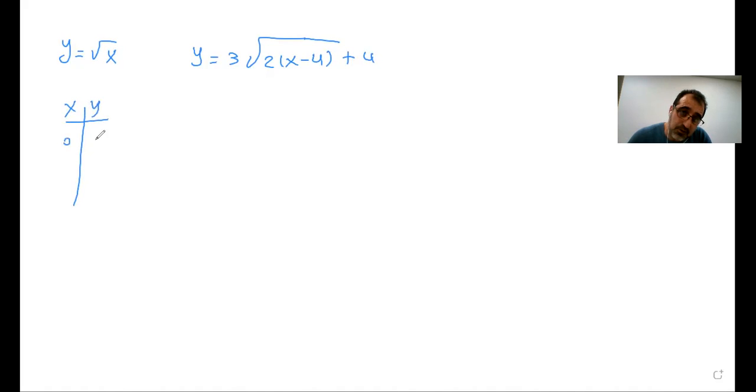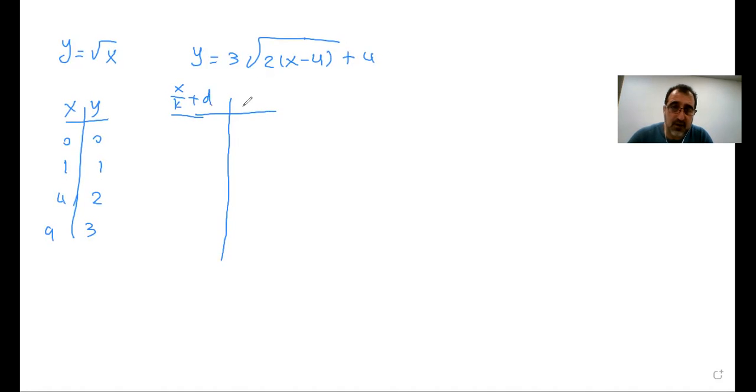For the parent function: 0, 0, 1, 1, 4, 2, 9, 3. Corresponding points on the transformed function: x changes to x over k plus d, y changes to a y plus c. First you should know what a, k, c, d are. A is 3 here, k is 2, d is 4, c is 4.